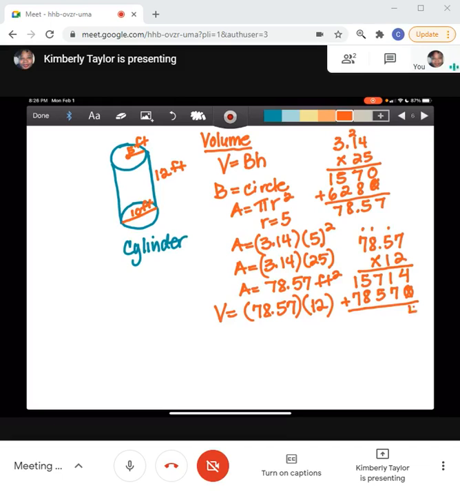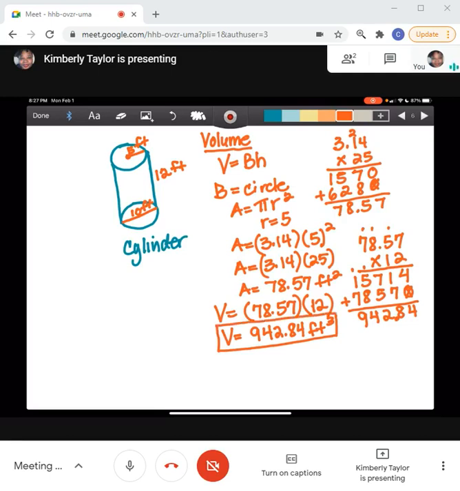It's going to be 4, 8, 12, 13, 14, 8, 9, and 2. Alright, so for this volume here, we have 942.84, and we're going to say feet cubed.